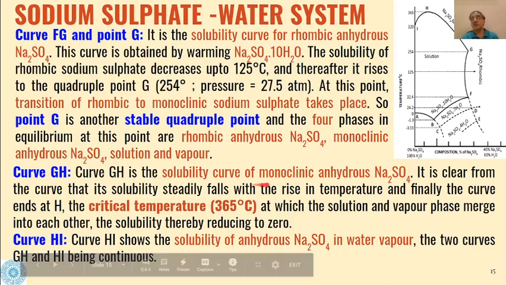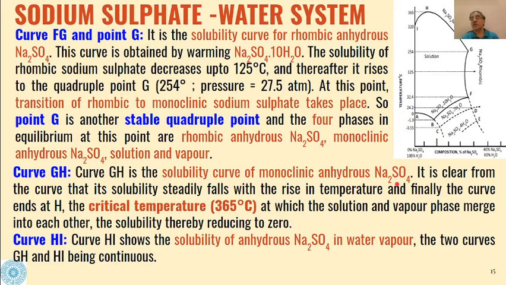Curve GH is the solubility curve of monoclinic anhydrous sodium sulfate. How the solubility changes from G to H with the increase in temperature, we can see the composition goes on decreasing.